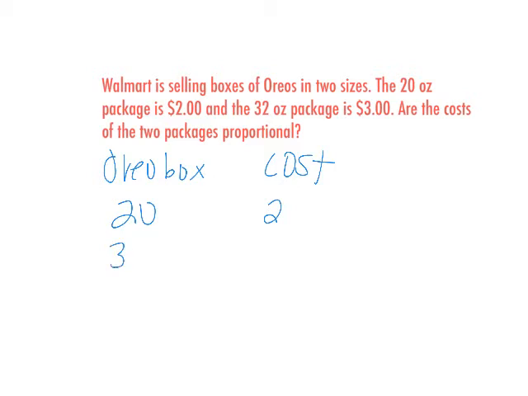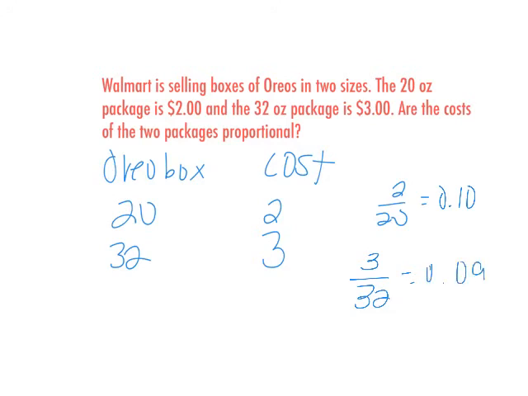And then for 32 ounces, it's $3. So if we do 2 divided by 20, we get 10 cents per ounce. And then if we do 3 divided by 32, we get about 9 cents per ounce, a little bit more than 9 cents.